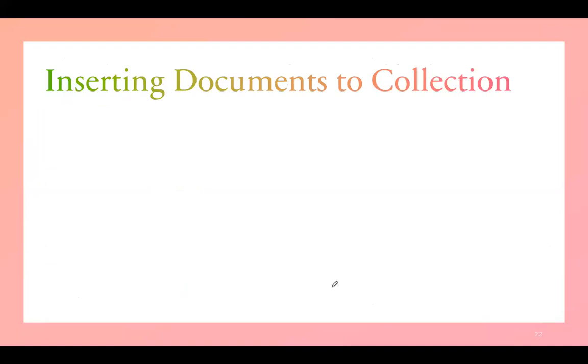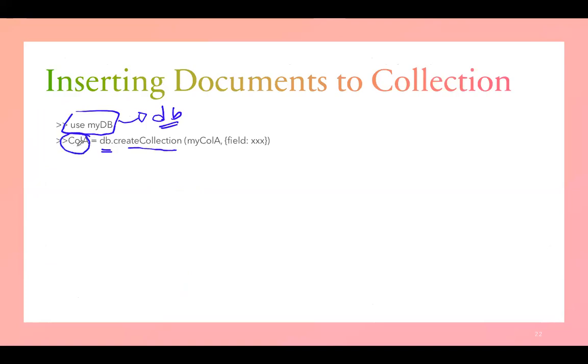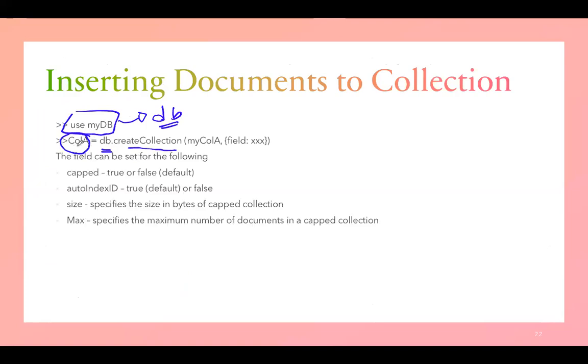So, inserting a document into a collection. Now that we have the collection object, we can use it to insert, right? First of all, once we write this command, it will automatically create a database object, and we'll be using this database object to create a collection object. So this is my collection object, okay?